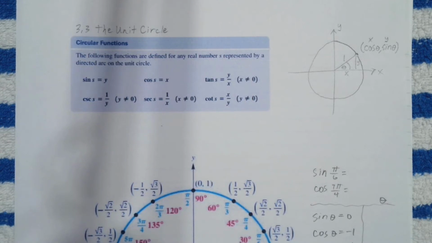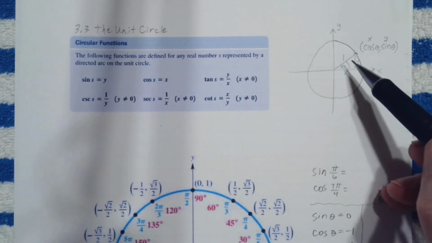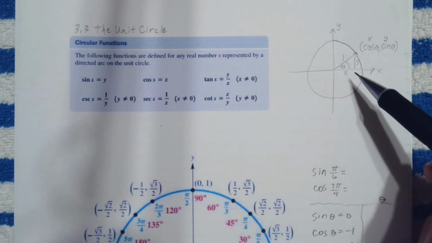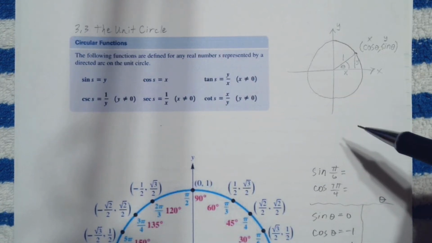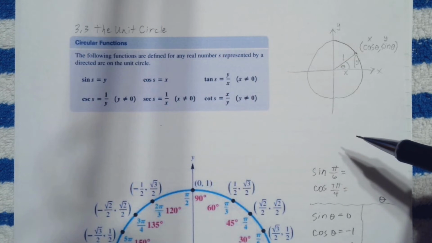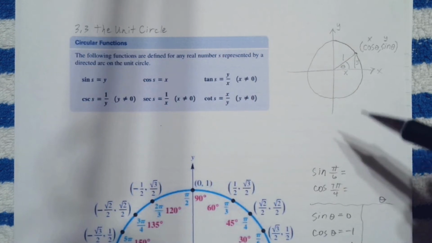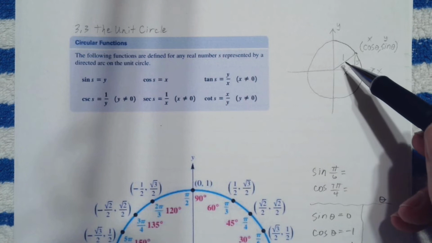So with the unit circle, what you find as you do trigonometry, remember our radius was r, is it doesn't matter what the radius is, you'll always get the same answer for the trig ratios. And so why not use a number that's very easy to work with, like 1?